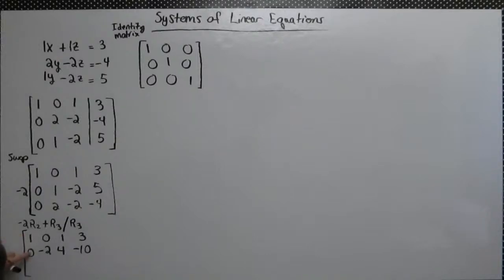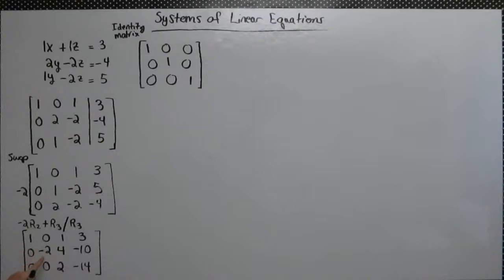So we've got 0 plus 0 is 0. -2 plus 2 is 0. A 4 plus a -2 is 2. And then -4 plus a -10 is -14. All right.